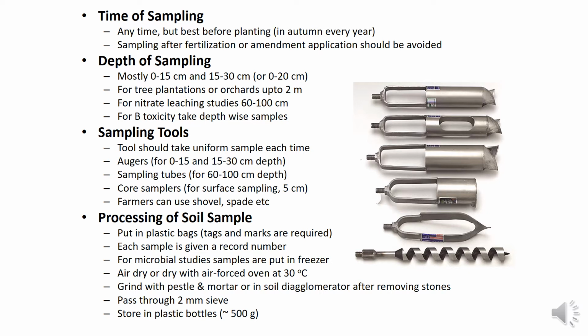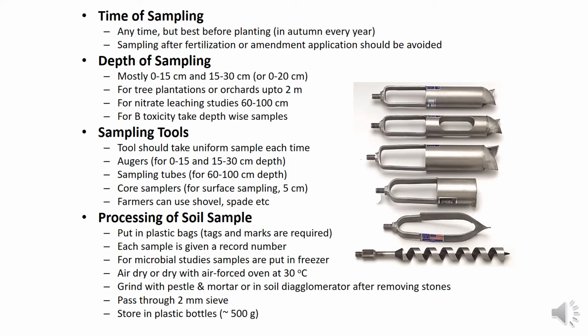For tree plantation or orchard, the depth can go up to 2 meter. If you want to study nitrate leaching or any other leaching studies, then the soil sampling depth may increase from 60 to 100 centimeter.